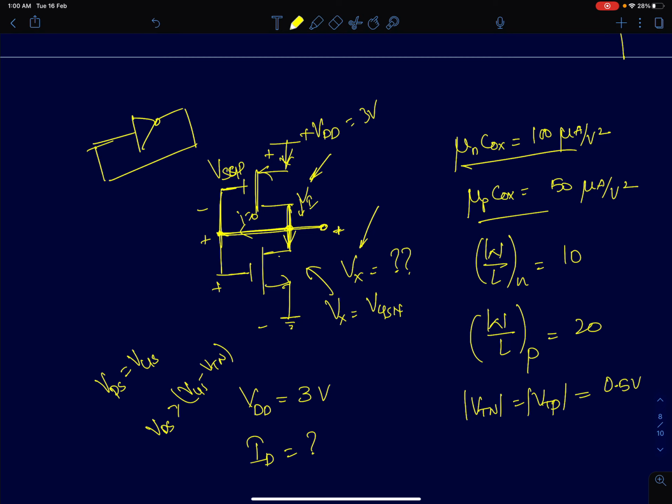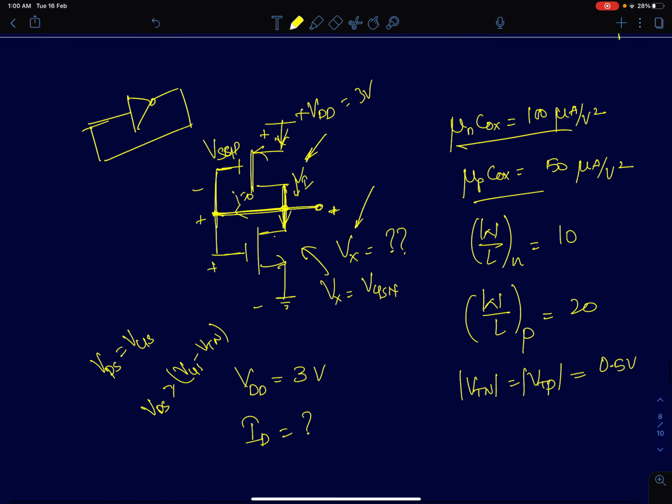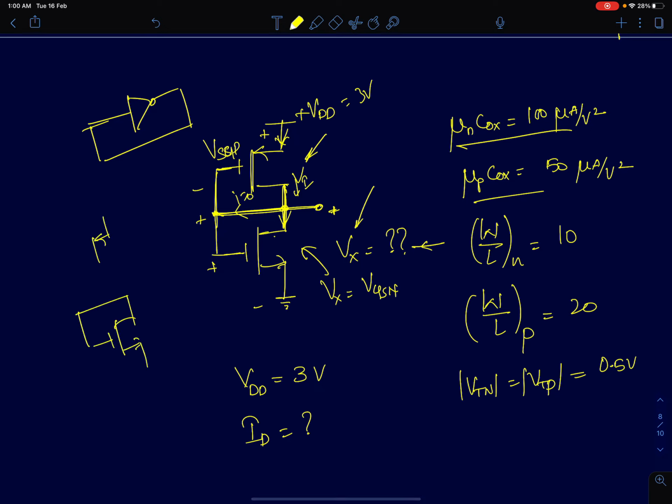I'll just tell you the approach, and I think it's pretty simple after that. You're supposed to find the node voltage Vx here. So first we have to quickly understand that this is nothing but a series of two diode connected NMOS and PMOS devices. Therefore, as we saw in the previous problem, if you short circuit drain and gate for an NMOS or PMOS device, both devices will be in the saturation region.